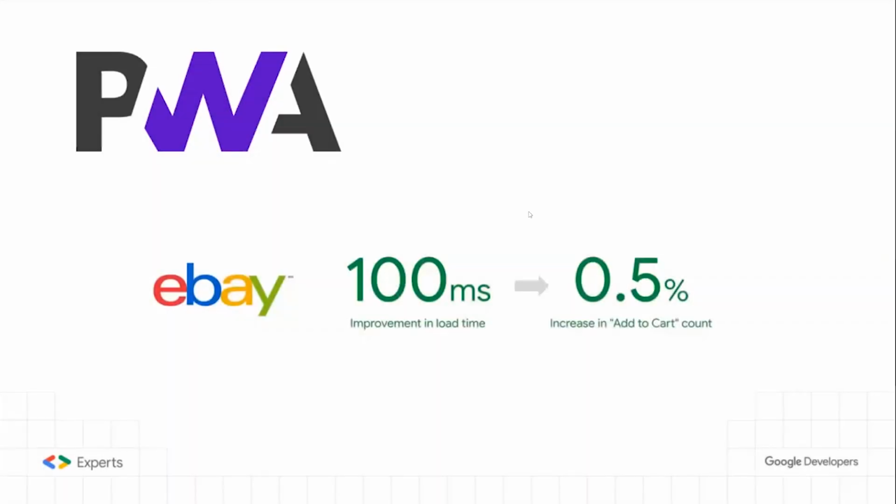So one example is when eBay optimized their sites, making an improvement in load times. 100 milliseconds is small. Actually, it's just 0.1 seconds. For us, it's really negligible when you wait for your app to load, but it actually has a 0.5% increase in our add to cart count.